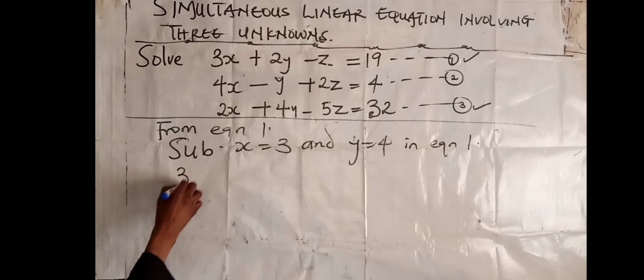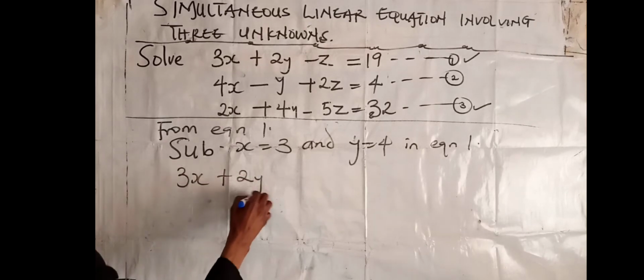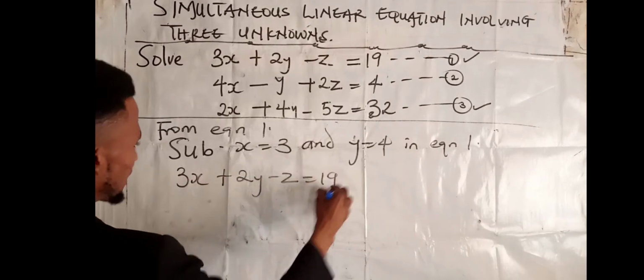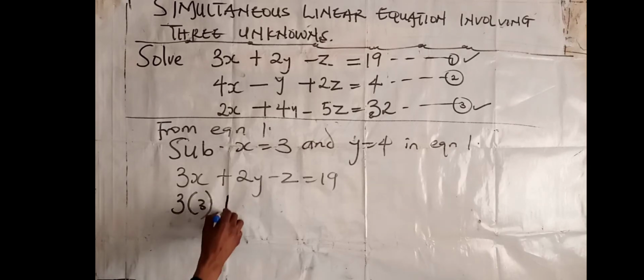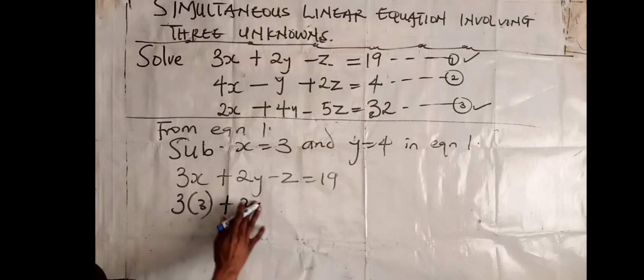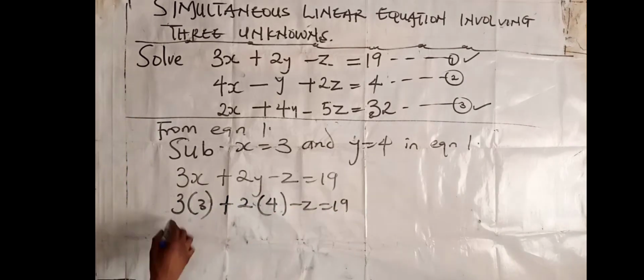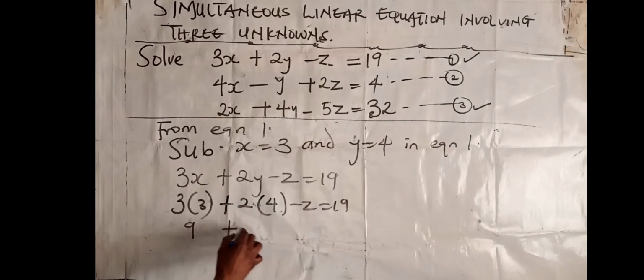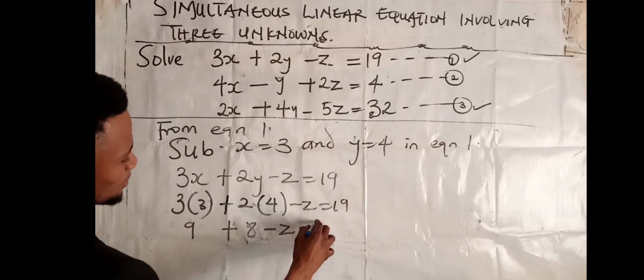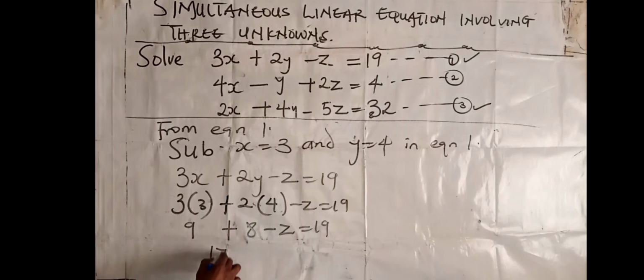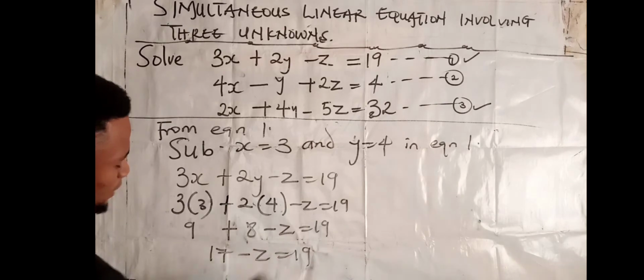And what is our equation 1? 3x plus 2y minus z is equal to 19. So here, when x is 3, that gives me 3 into 3. And this plus 2 into, when your y is 4, minus z is equal to 19. This gives me 9 plus 8 minus z is equal to 19. This will give you 17 minus z is equal to 19.